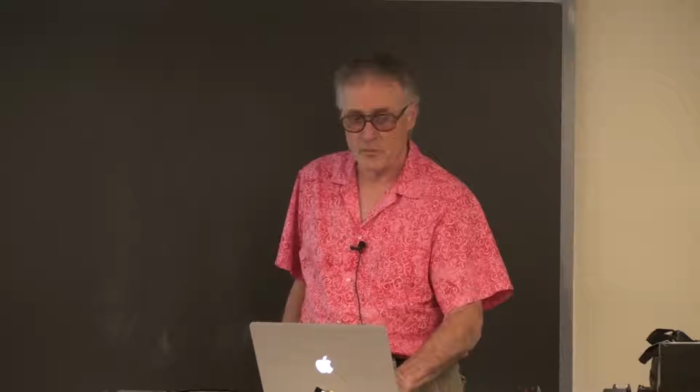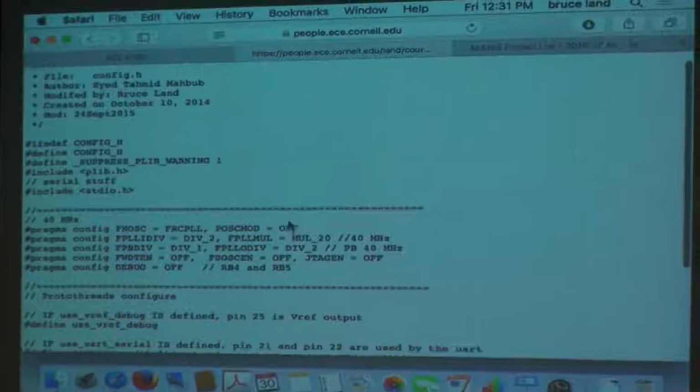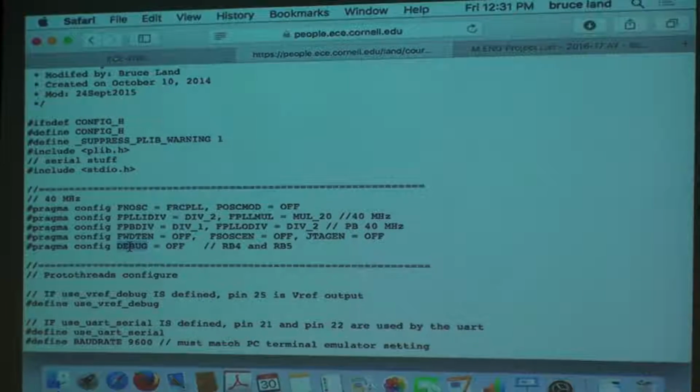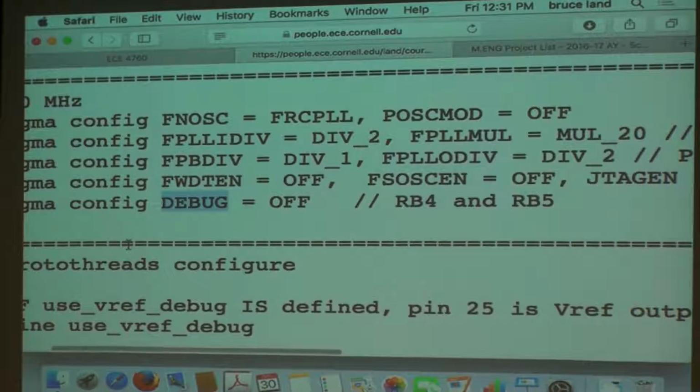I did one further modification. That reminds me, I did one further modification to the Protothreads stuff this morning, and that is in config.h. The newest version of config.h has debug turned off. It turns out that debug affects RB4 and RB5. So I added that.